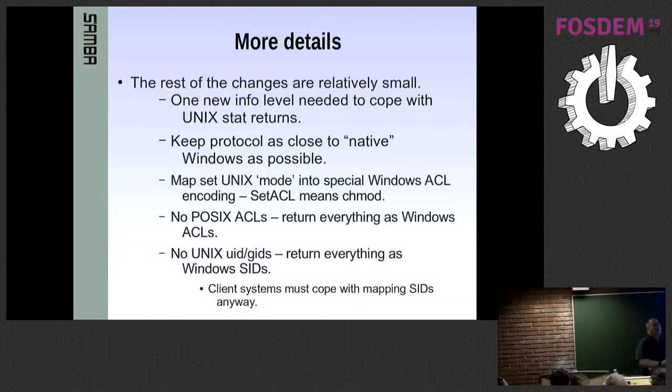POSIX ACLs. Anyone here use POSIX ACLs on their Unix server? Tough. Windows ACLs, they're gone now. Windows ACLs only. Your POSIX ACLs will have to be mapped into the Windows ACLs on a best effort basis. As ZFS is becoming very, very common on FreeBSD and Linux systems, yes, I know about the licensing, people still use it.